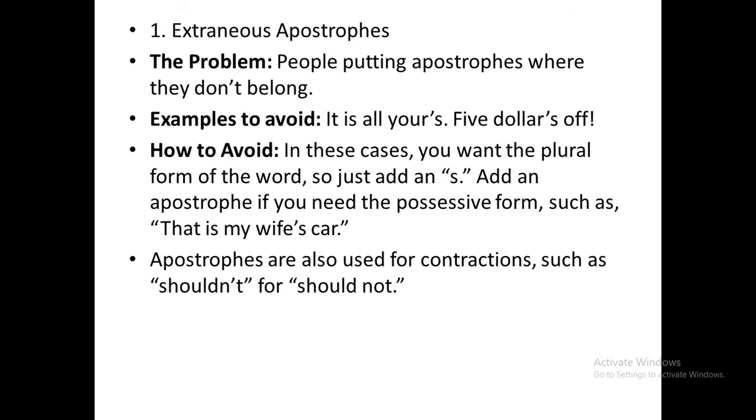Apostrophes are also used for contractions such as shouldn't for should not. If you can use it properly, then it's well and good, and if you can't use it correctly, then avoid putting in an apostrophe.